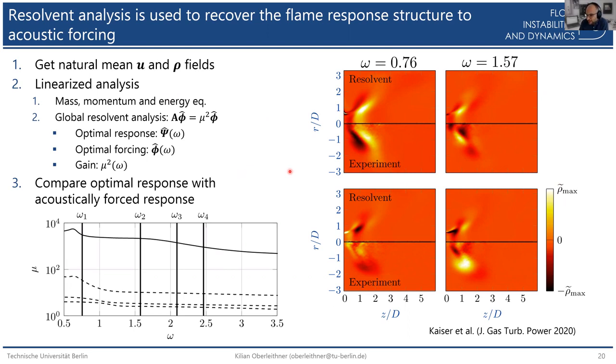We didn't expect this actually to work because the model is quite rough, just taking an energy equation here, but it seems to work reasonably well for these very low frequencies, while for high frequencies, it doesn't really work anymore. So what is missing here, most probably, is a reaction model, which we're currently trying to integrate so that we also get a good match for these higher frequencies.